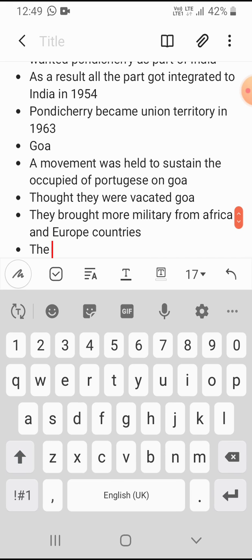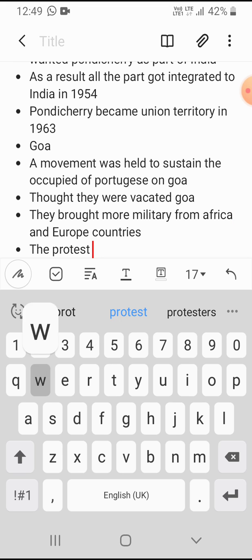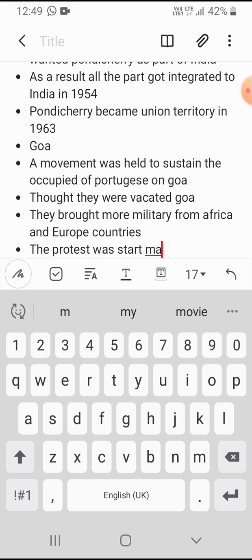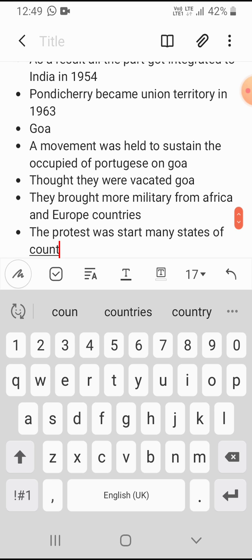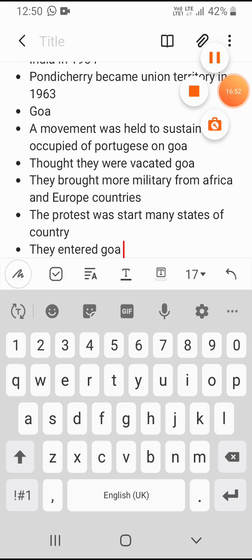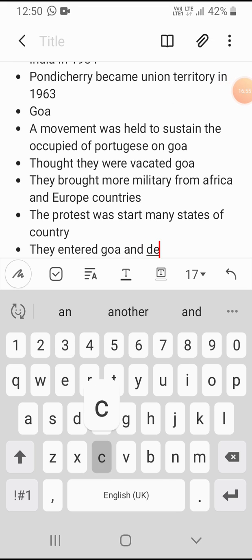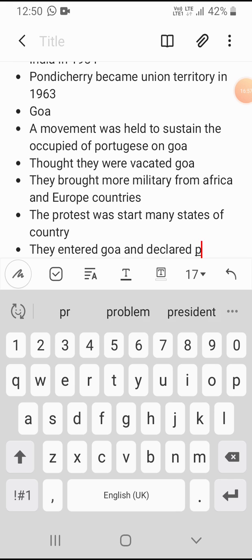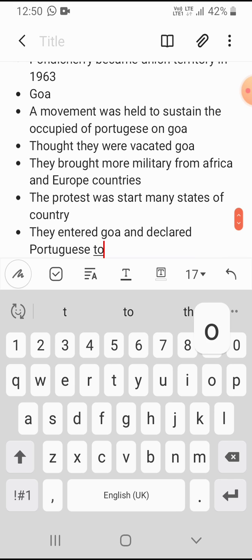The protest started in many states of the country, and people entered Goa and declared that the Portuguese must exit Goa in 1955.